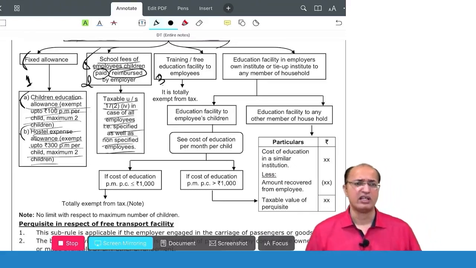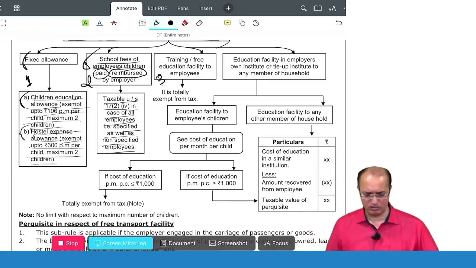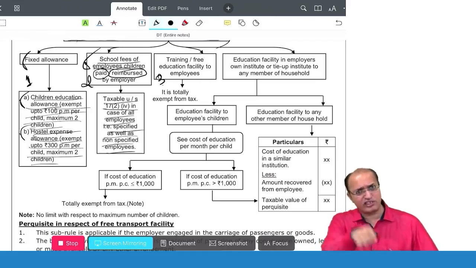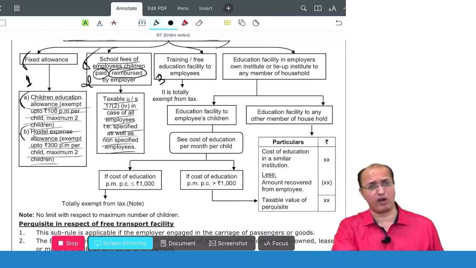But my question is, is this more beneficial to you or more beneficial to the employer? Employer has provided you this training to enhance your skill or to ensure that you can perform well. It is for the benefit of employer.